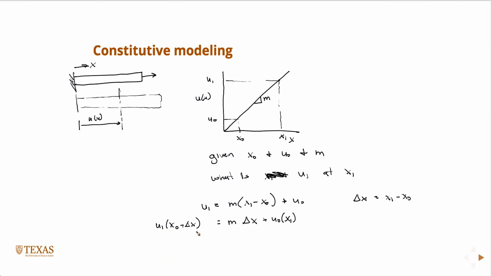So then I could solve this equation for m: u(x0 plus delta x) minus u0 at x0, divided by delta x is equal to m.